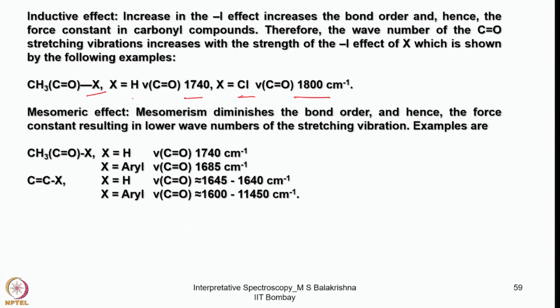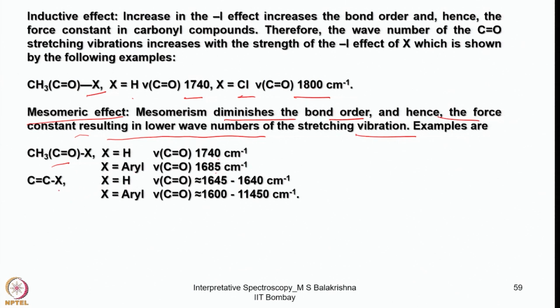The second one is the mesomeric effect. So the first one is the inductive effect. In the mesomeric effect, mesomerism diminishes the bond order and hence the force constant, resulting in a lower wave number of the stretching vibration. That means it diminishes bond order and hence the stretching frequency drops considerably. For example, in this compound, X equals H gives 1740, but when you replace X by an aryl group, it comes to 1685.